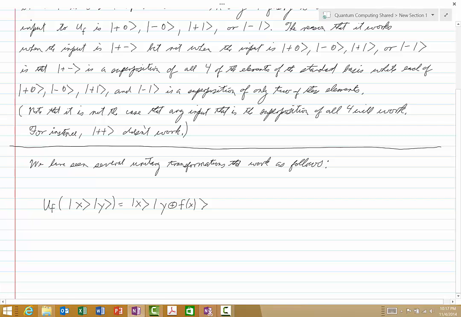Now, it's important to note here that this X, in the cases that we have seen, could be a single qubit or it could be multiple qubits.